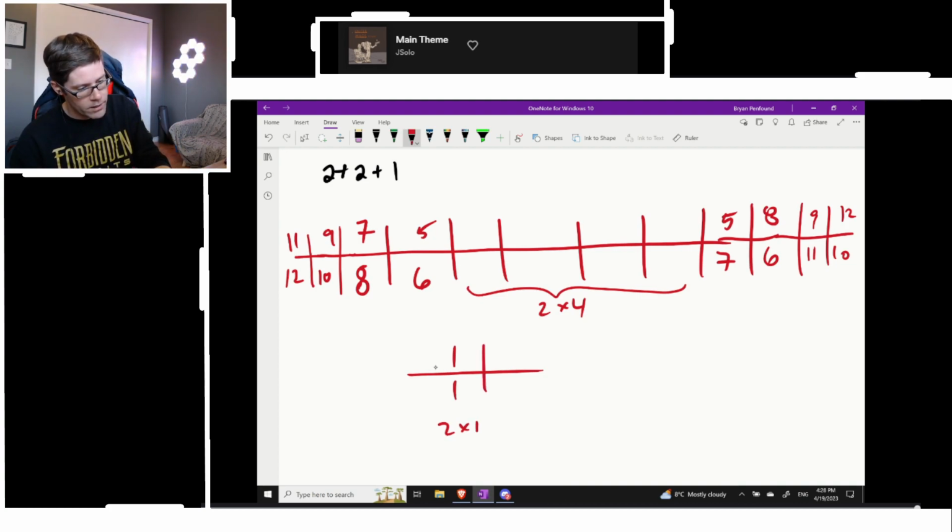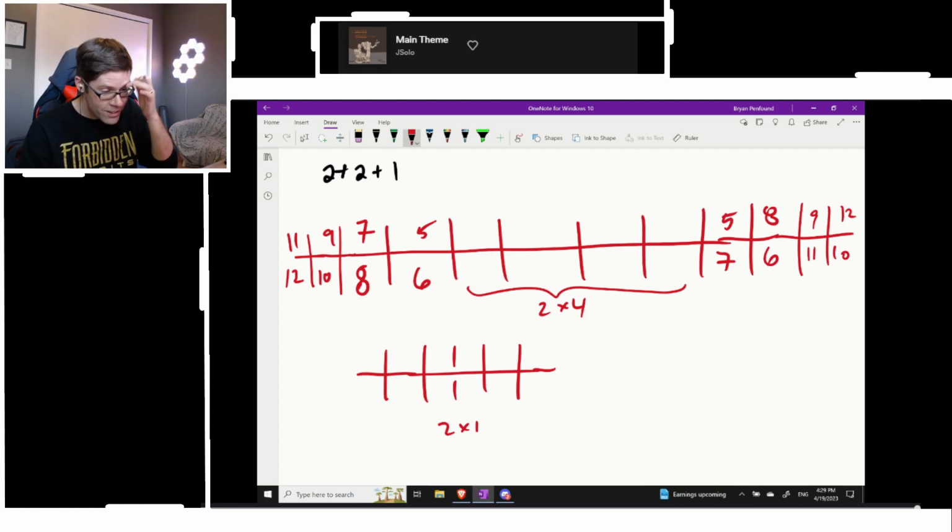So what if we added blocks of 4 on either side? That would give me the 1, 2, 3, 4, 5, right? The 2 by 5. And we could fill in stuff like this.